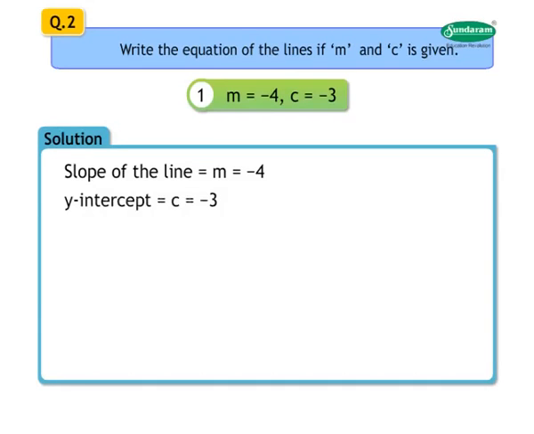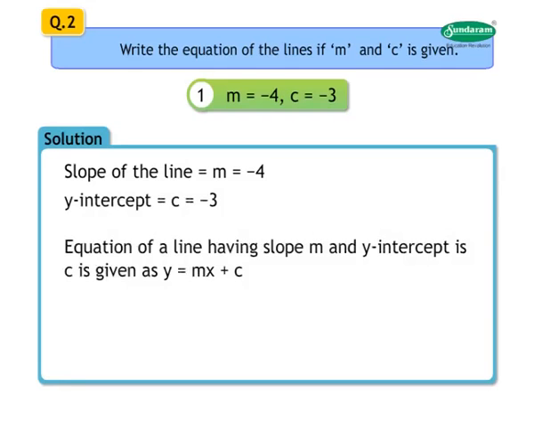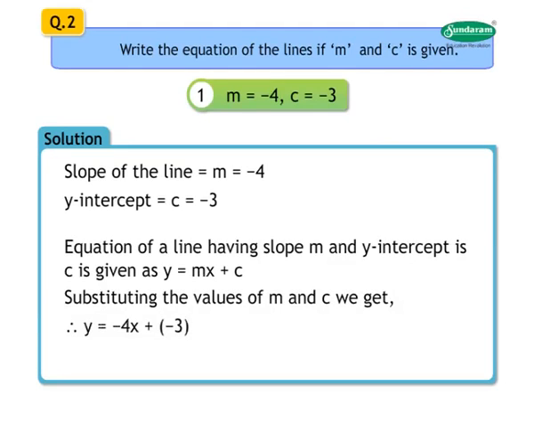Y-intercept is c = -3. The equation of a line having slope m and y-intercept c is given as y = mx + c. Substituting the values of m and c, we get y = -4x + (-3). Therefore, y = -4x - 3 is the required equation.